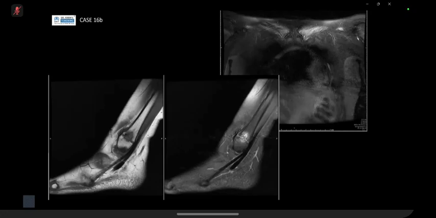So it might be due to multifocal osteomyelitis, since the patient has multifocal sites with bone marrow edema, soft tissue edema, and involvement of the physis, which could be due to an infectious process.